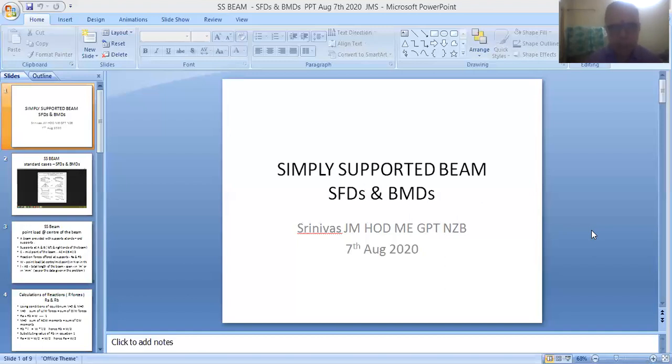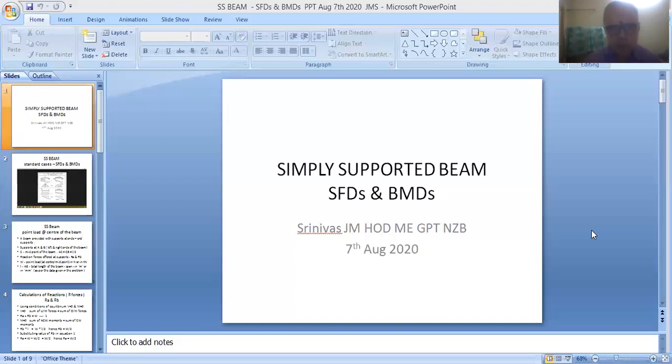In both the cases, it is called uniformly distributed load, and small w is used for indicating uniformly distributed loads, and generally this load is expressed in terms of newtons per meter, or also it can be expressed in terms of kilonewtons per meter.